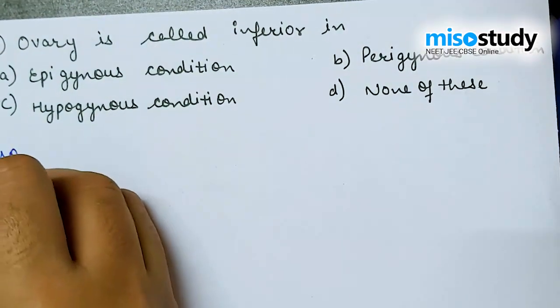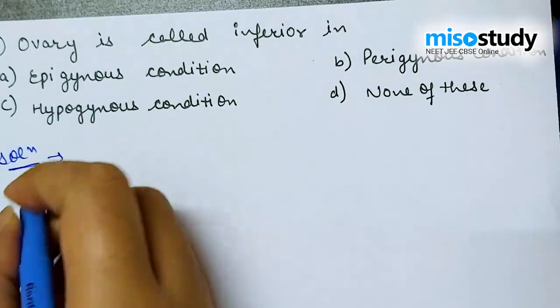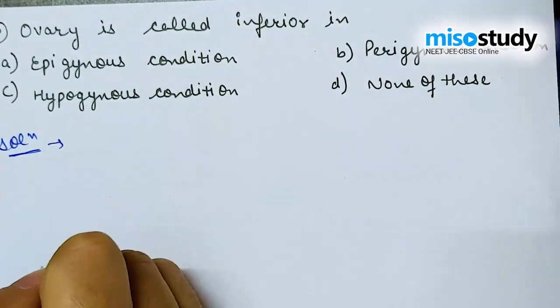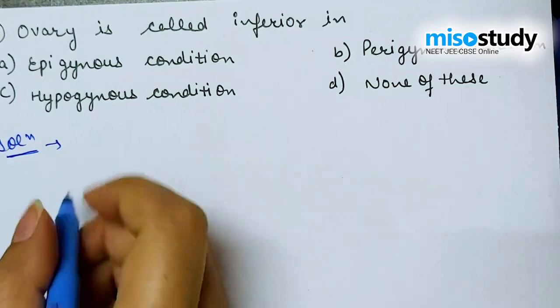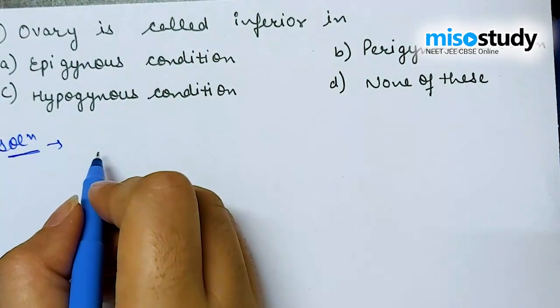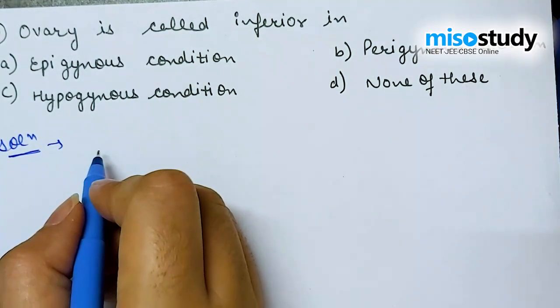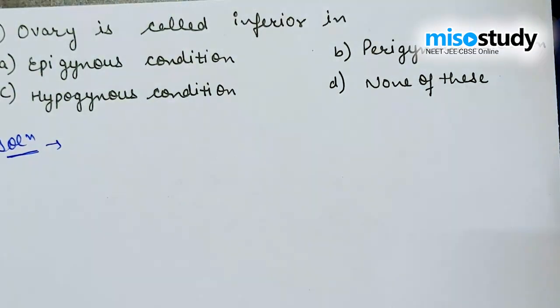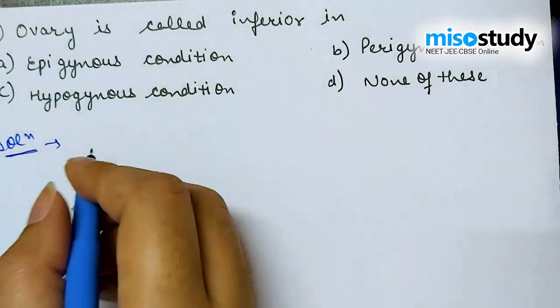To answer the question, we all know that when the ovary shows the inferior type, it is known as the epigynous condition, but we'll discuss the various conditions given in the options.